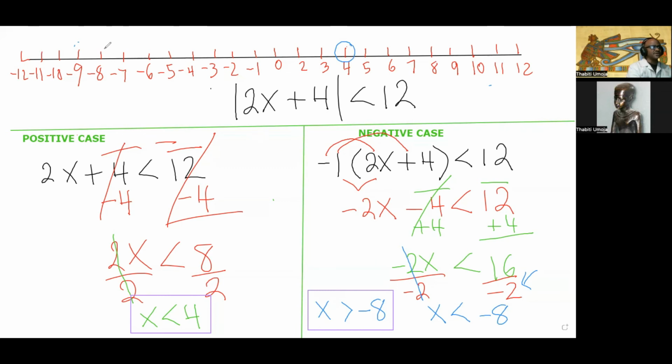So we have negative 8 right there. And so now at this point, all we need to do is, yes, connect them together. So if your graph looks something like that, give yourself a round of applause.